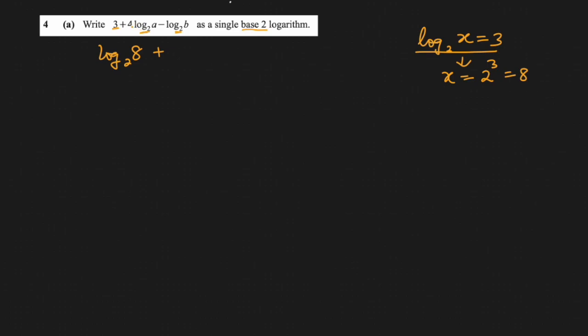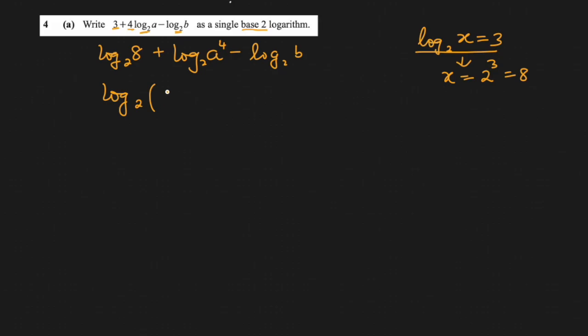Then this 4 must go, if I want to combine logs, this 4 must go, and this will become the exponent of the content of this particular log. So the content is a, 4 goes and becomes its exponent. This is without any coefficient, so that's fine, no problem. So now 2 logs with the same base are adding, that means their contents will multiply.